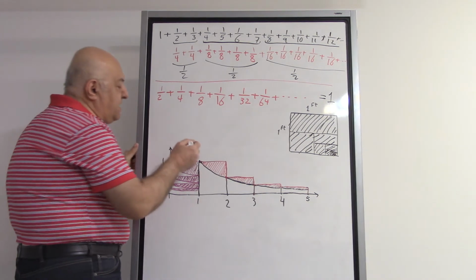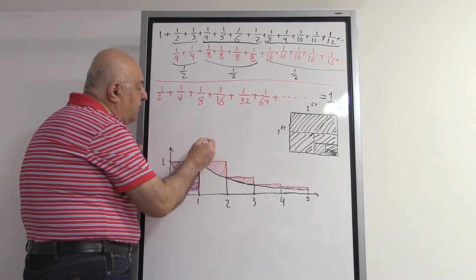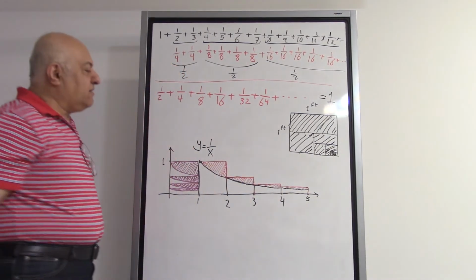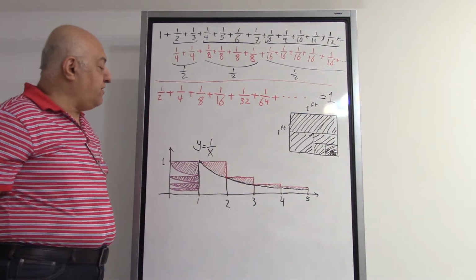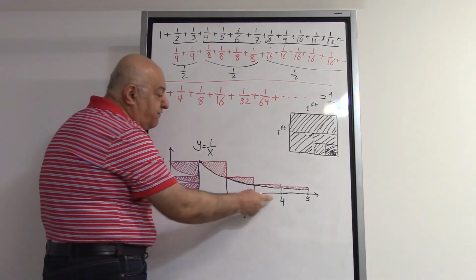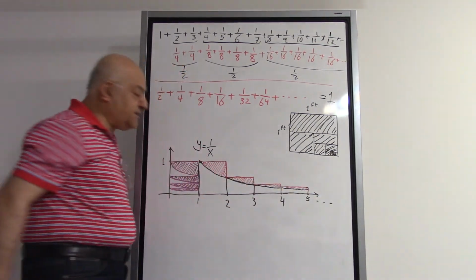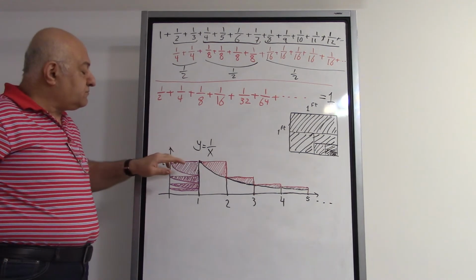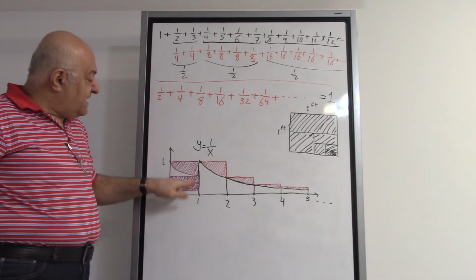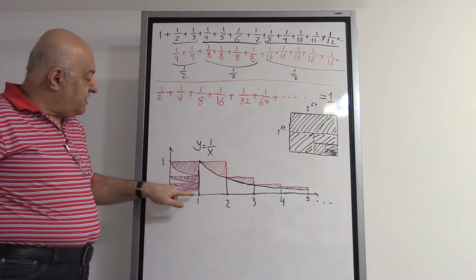Look at this one. Consider the function y equals 1/x that I have graphed in black. This is the black graph over here, right? Look at this one. This is 1, 2, 3, 4, 5, and we continue this. Now, look at the area of this rectangle in here.